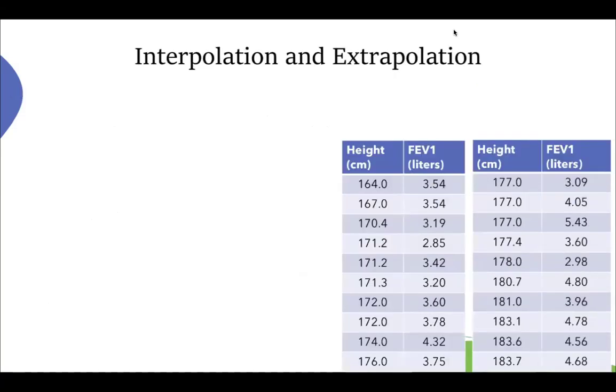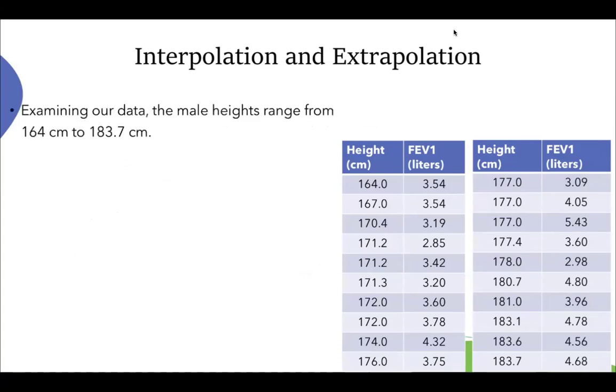Okay, so let's look at the concepts of interpolation and extrapolation. This is the same height and FEV1 data that we've been using from the last lecture. Let's look at the data range. For height, the heights go from as low as 164 centimeters up to 183.7 centimeters.